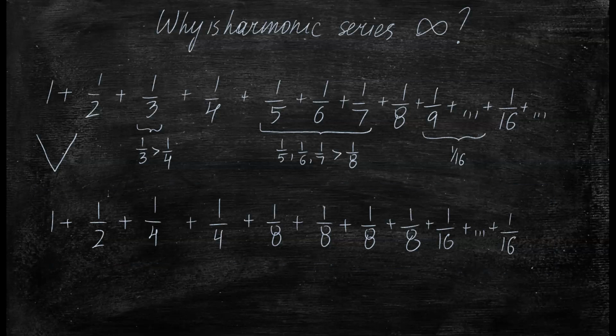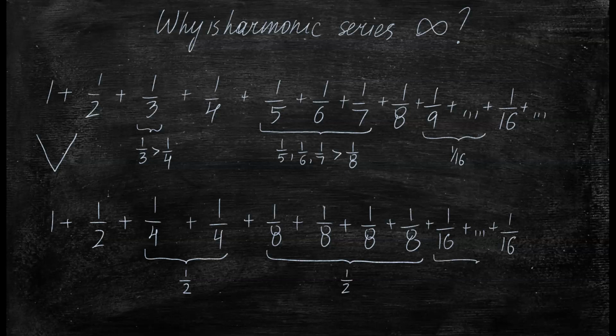Because we replaced terms with smaller terms. Now if we do strategic grouping here, what's 1/4 plus 1/4? It's 1/2. What's 1/8 plus 1/8 plus 1/8 plus 1/8? Well, it's 4/8, which is 1/2.